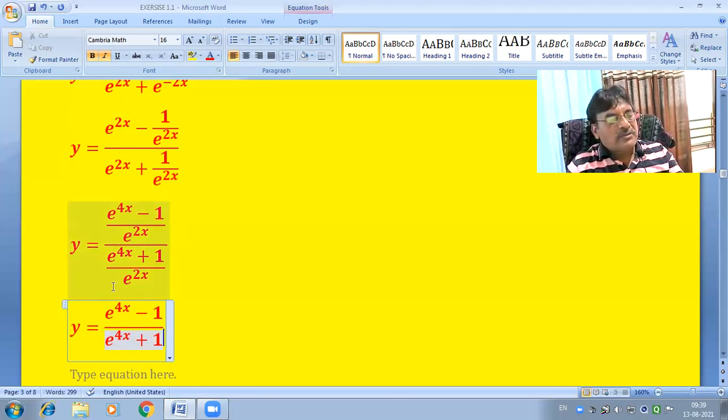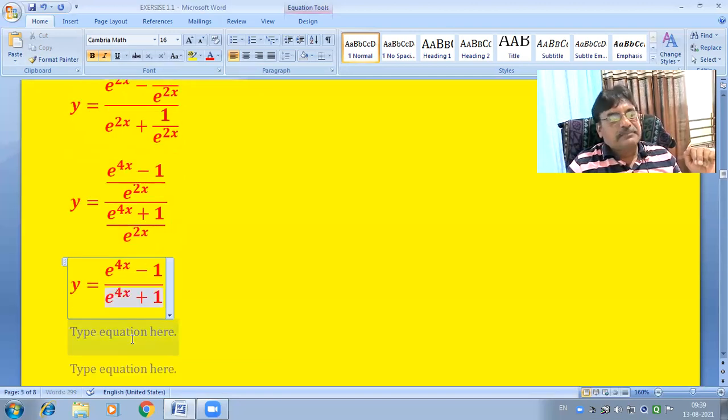Here e to the power 2x cancels, so remaining is e to the power 4x minus 1 upon e to the power 4x plus 1.